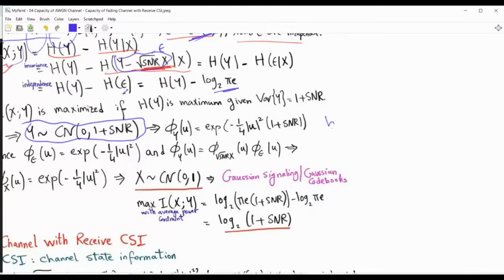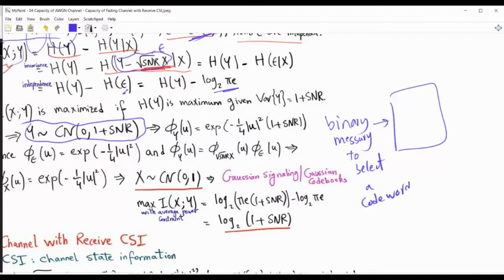The idea is that you have a binary message, and this binary message will select a code word to be transmitted. Information theoretically, the code word is made up of IID Gaussian samples.